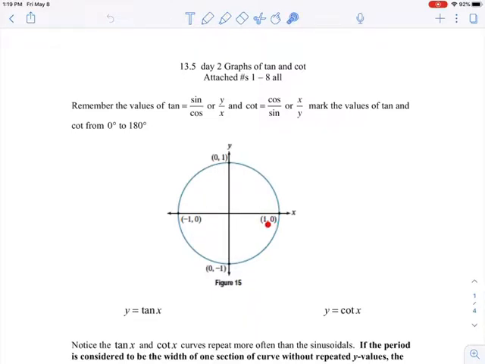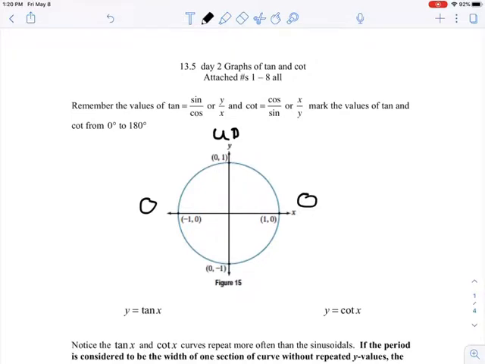So the y over the x is the 0 over the 1, which just equals 0. And then over here we're talking the y over the x, the 1 over the 0. That's undefined. And here the y over the x is the 0 over -1, which is just 0.